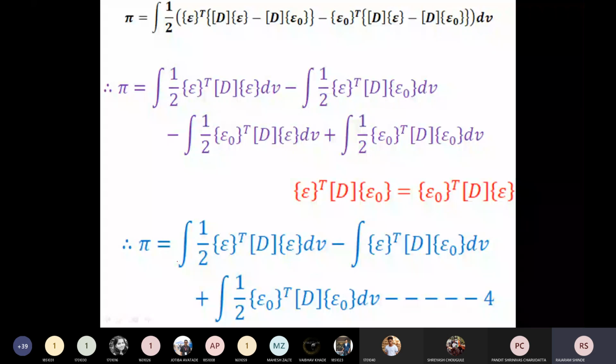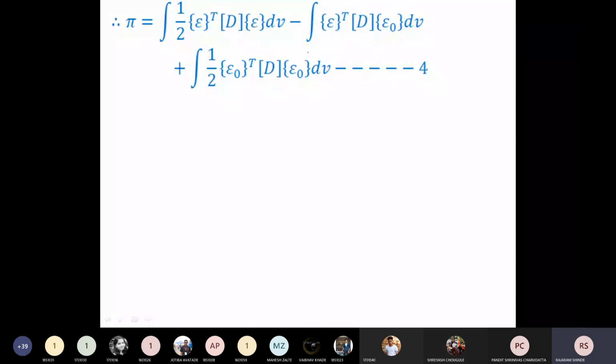Now what I will do, you know the relation, that is epsilon is equal to, okay, I will take it on the next slide, same equation I have written here. Now next is epsilon is equal to B into u. For the finite element method, epsilon is equal to B into u.